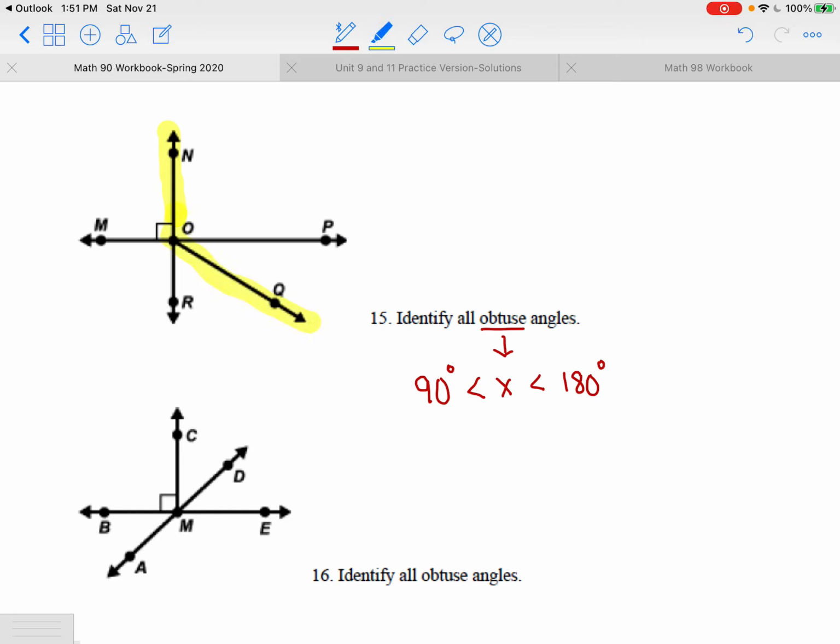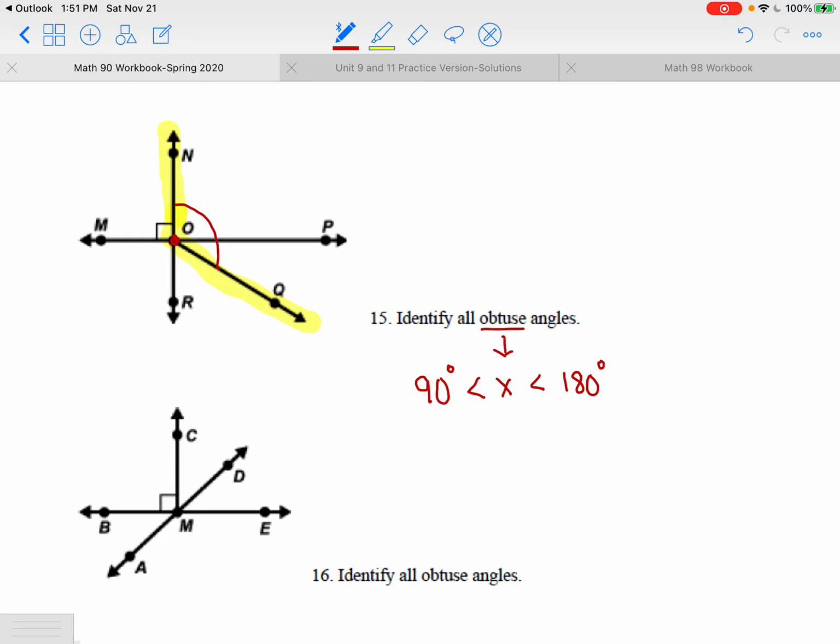But if we extended it down here, we can see that O would be our vertex, and we're really talking about this angle right here. It doesn't matter that line MP is running through the middle of it. We're still just looking at that angle that exists within that.